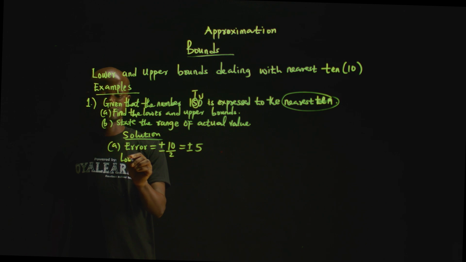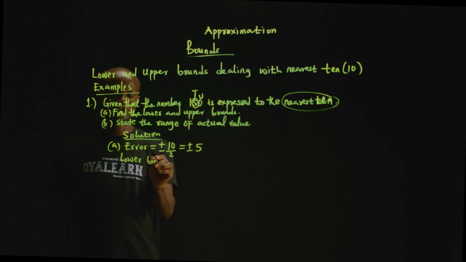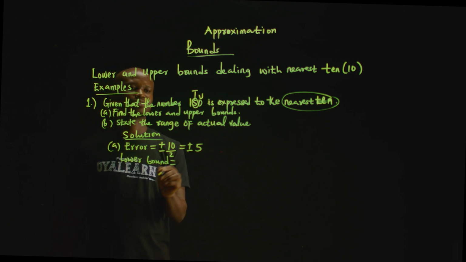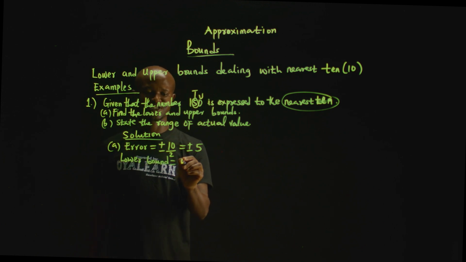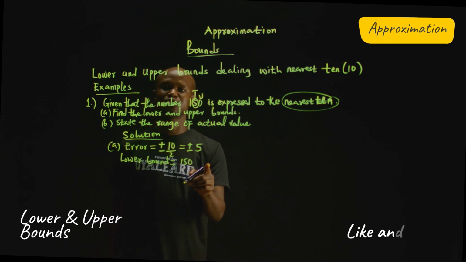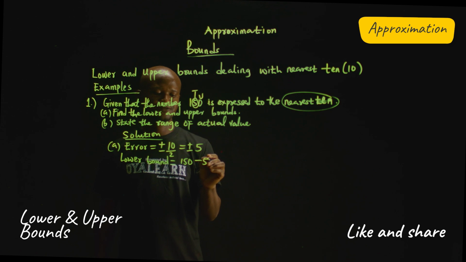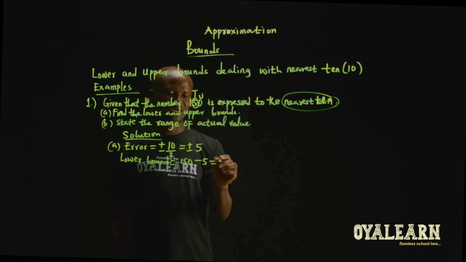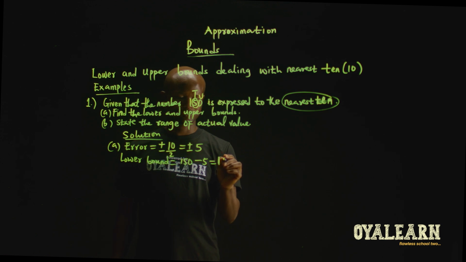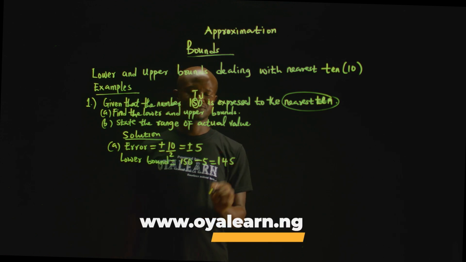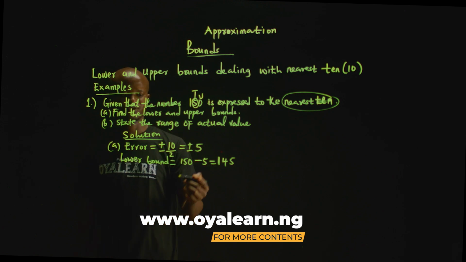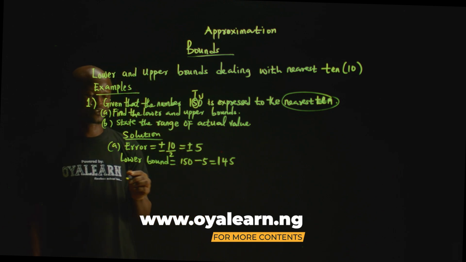For the lower bound, the actual value we have is 150. Then we take away 5. Take away 5 from 150, we have 145.